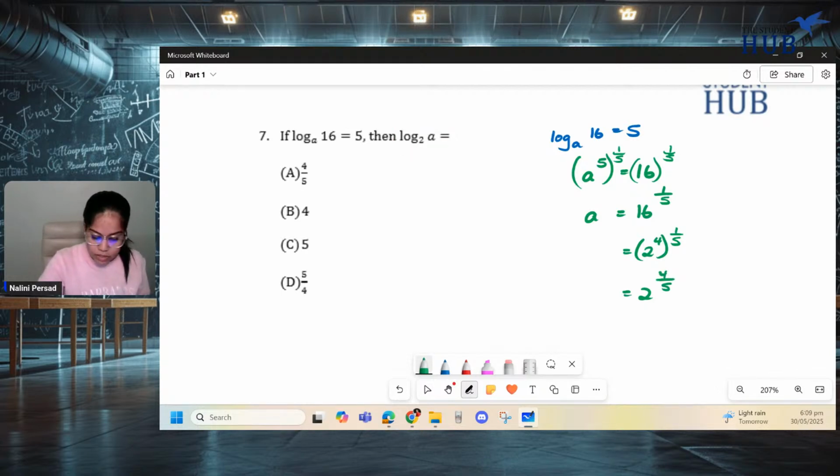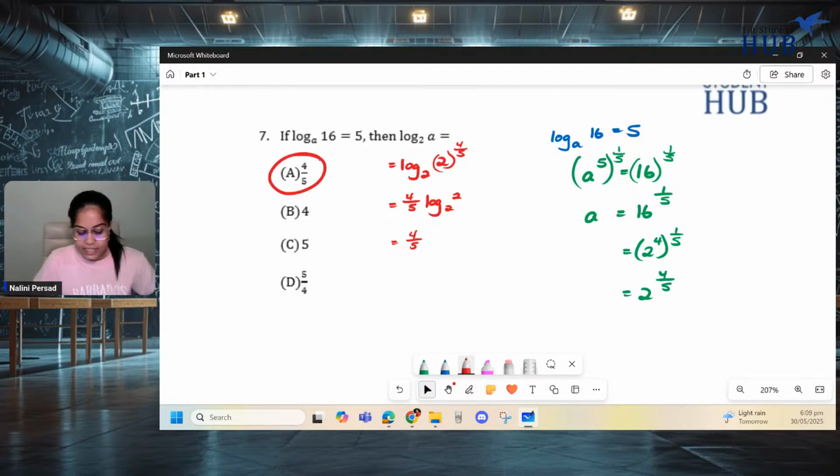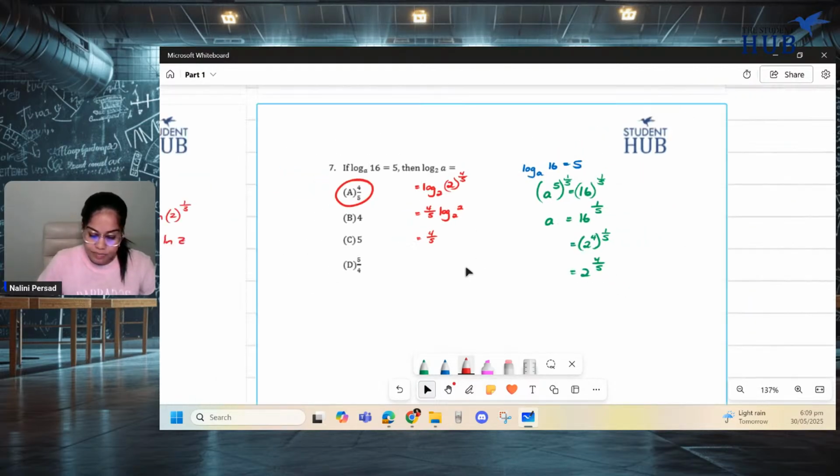Now we could substitute it inside here. And using our log rules, that 4/5 is in the power, it could go in front. So we have log 2 to the base 2, which this entire thing here is 1. So 4/5 times 1 is simply 4/5. Answer choice A is correct.